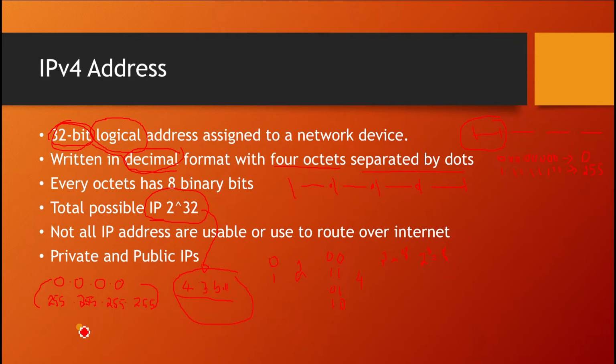Within every range, we can use some of the IP addresses, and some cannot be used to go to the internet. If an IP address can be used to go to the internet, then we call it a public IP address. If it cannot be used to go to the internet, then it's called a private IP address. So the whole IPv4 address space is divided into 2 major groups. One is called private IP, the other one is called public IP.